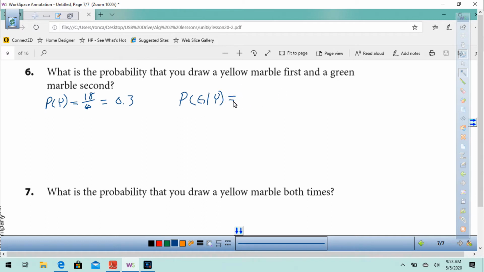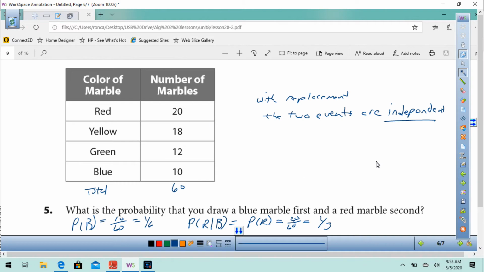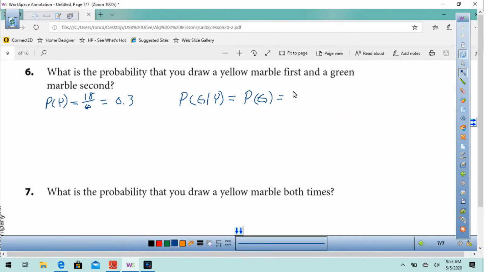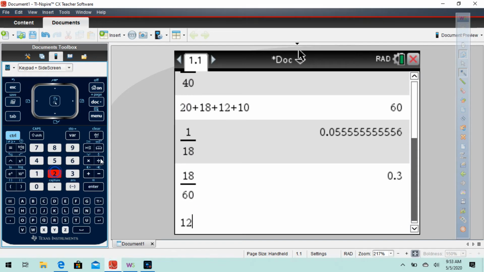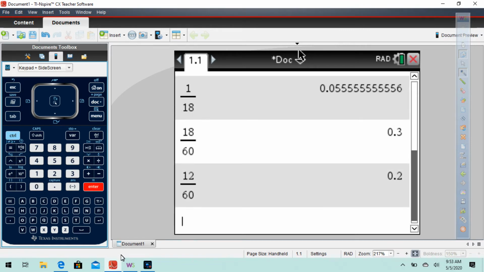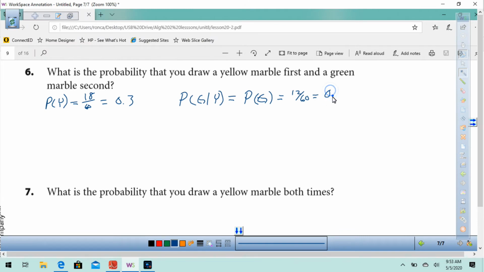Since we're putting the first marble back, that's the same as the probability of green. Green, there's 12, so 12 divided by 60 is 0.2.